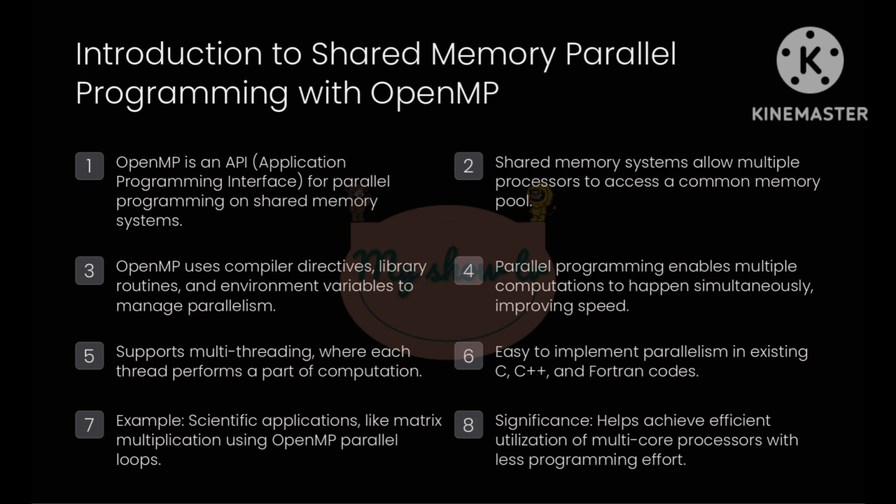An important advantage is that OpenMP makes it relatively easy to convert a sequential program into a parallel one, unlike MPI or other models that require complete rewrites. For example, if you are performing matrix multiplication, instead of one thread calculating all elements, multiple threads can each calculate part of the matrix, reducing time. Thus, OpenMP helps achieve efficient processor utilization, making it highly relevant in today's multi-core world.